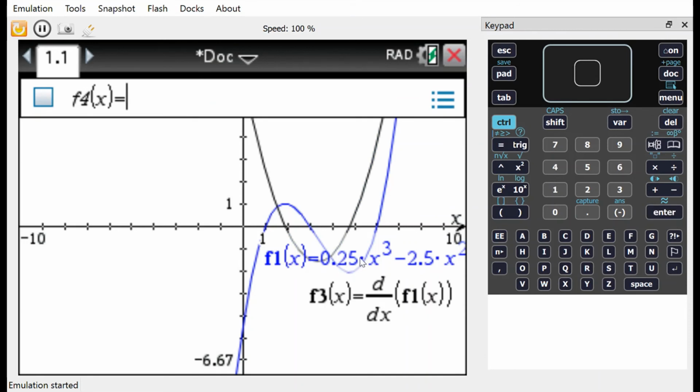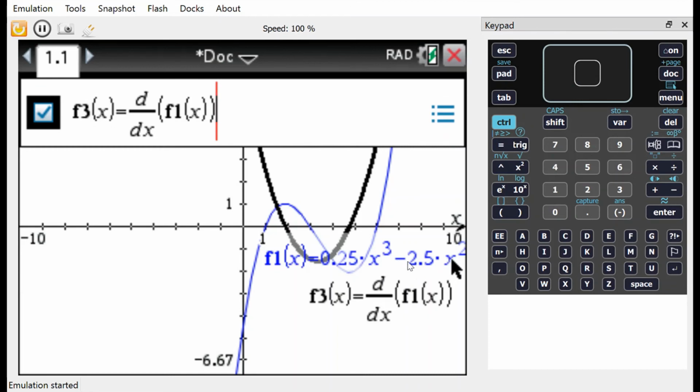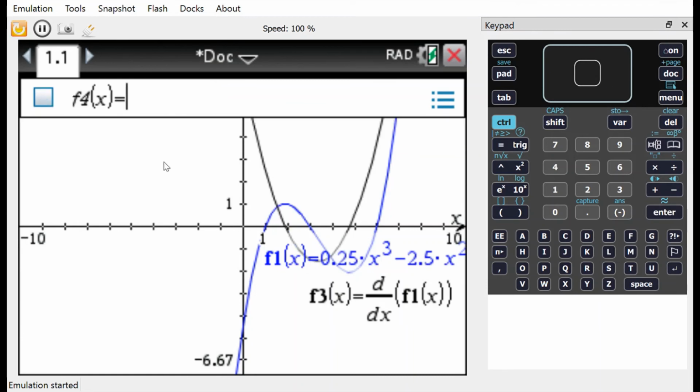All right, so now the question asked us to find where else this function has a slope of negative 0.25.